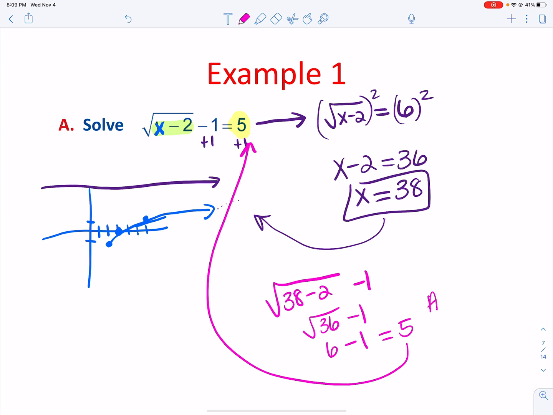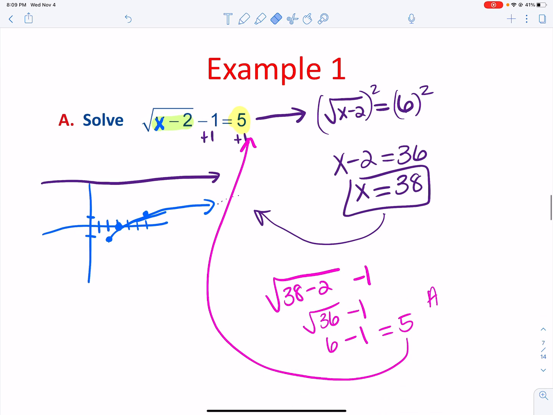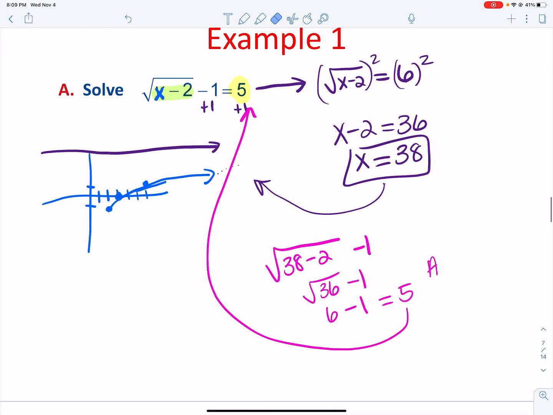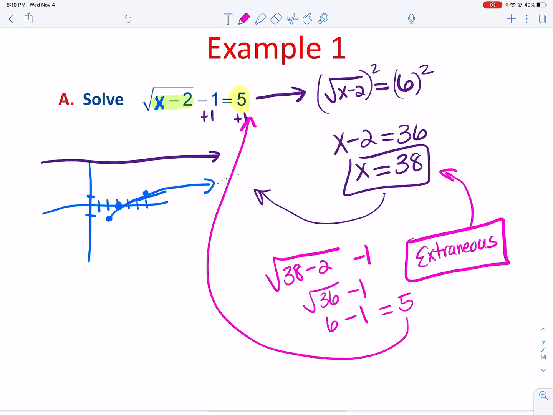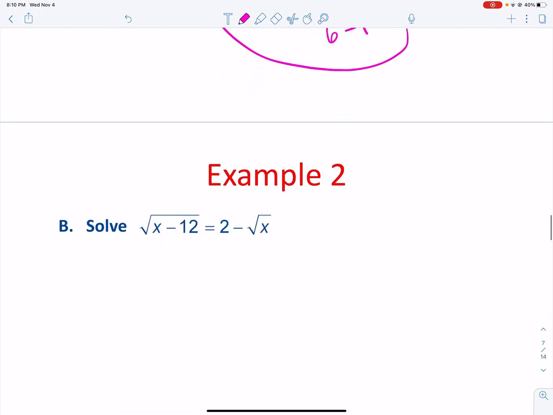We are going to learn what's called an extraneous solution. And what that means is that it mathematically works in the equation, but it doesn't work when you plug in the answer. And this one works. So my answer on this is 38. I'm good to go. Okay, so let's take a look at this one.